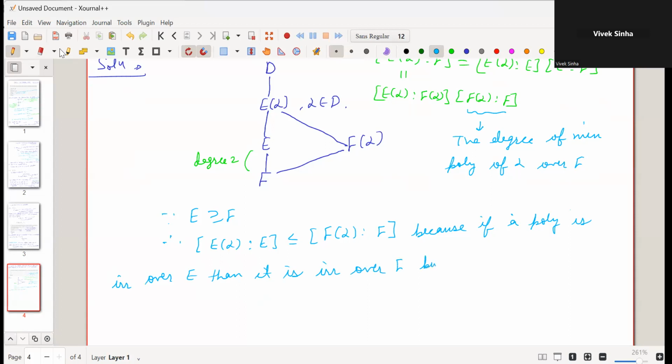But the converse may not be true, right? You may not be able to split it in a smaller field, but after going to a larger field, you may be able to split it.